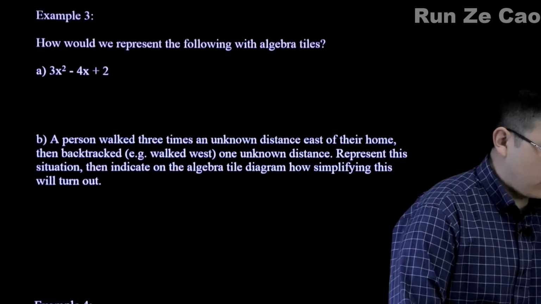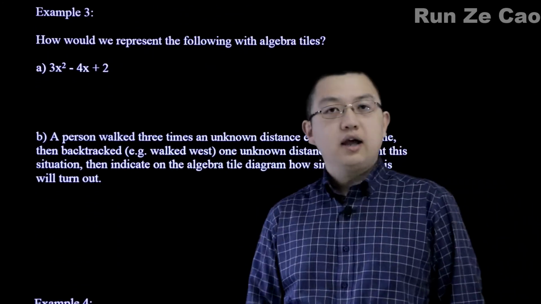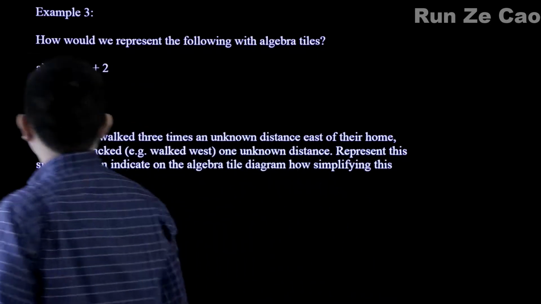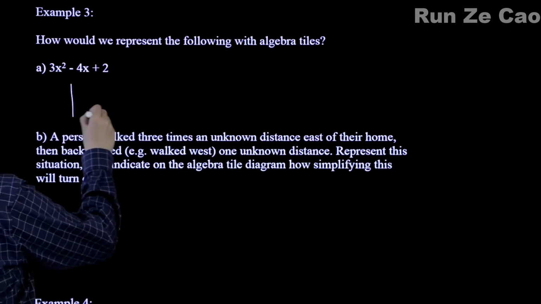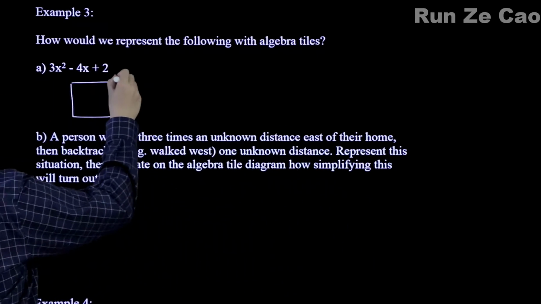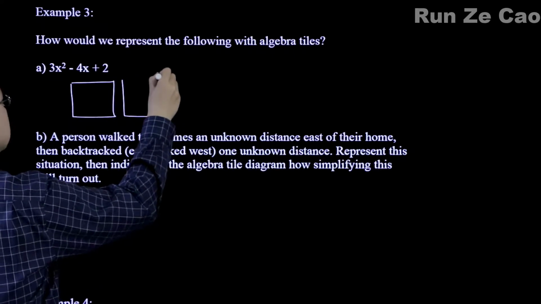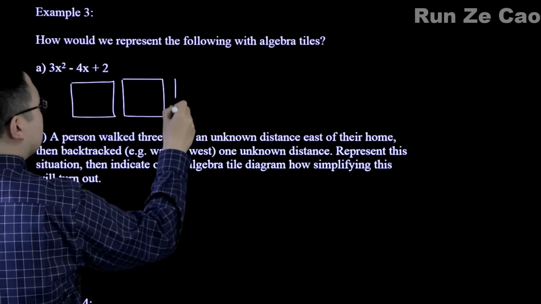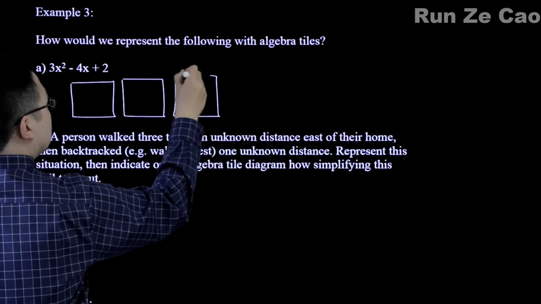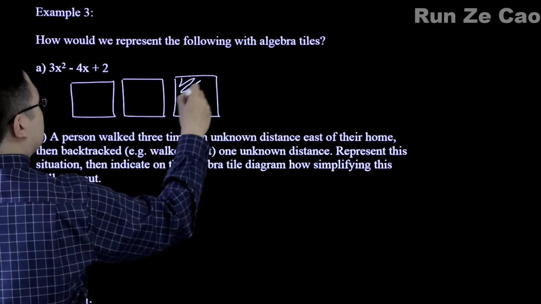Now, how do you represent the following situations with algebra tiles? Here, 3x squared: one, 2, 3 x squared.